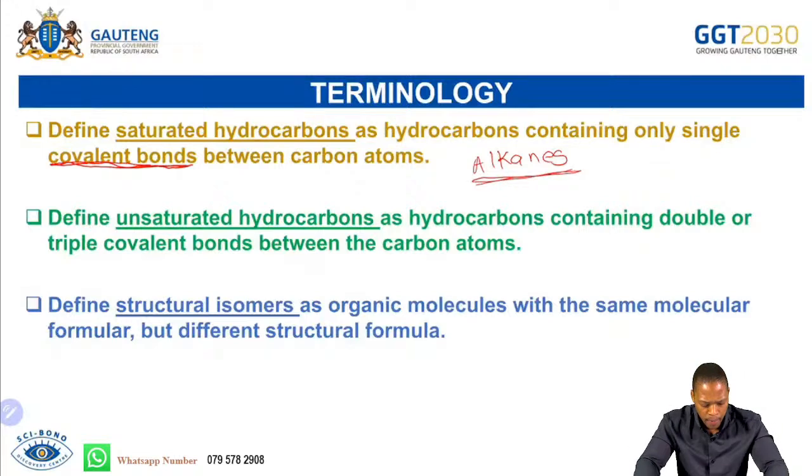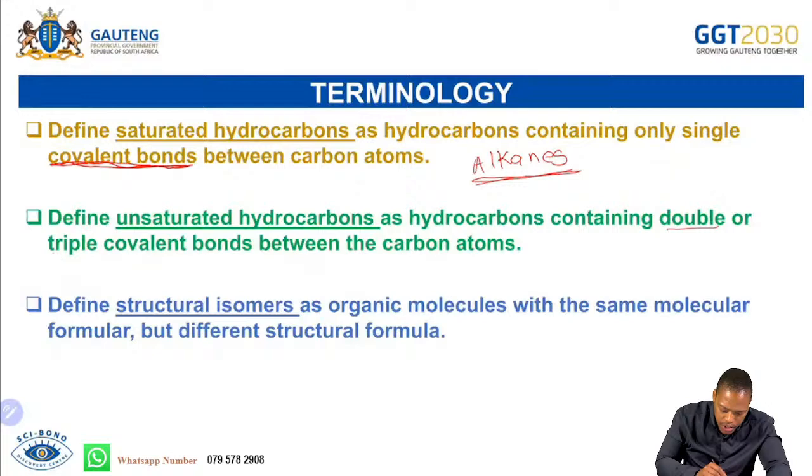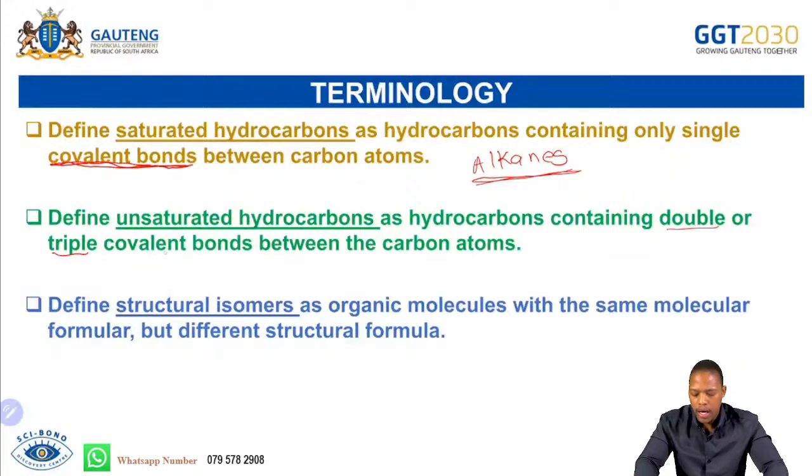You're saying alkanes only have carbon and hydrogen atoms, right? And they have single covalent bonds between the carbon atoms. Therefore, they must be what? Saturated hydrocarbons.